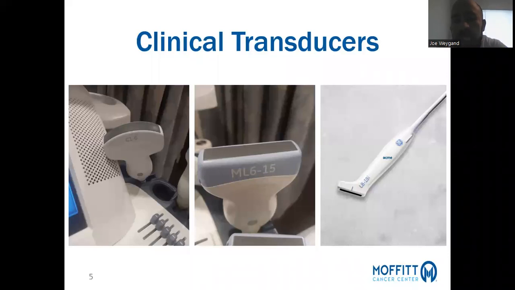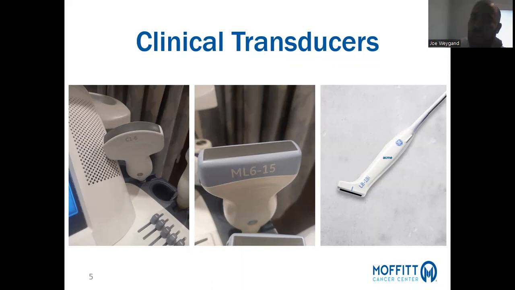The ML stands for matrix linear, and the 6 to 15 is, again, the frequency range in megahertz. This is a larger frequency range, so this would be more applicable to imaging more superficial lesions.